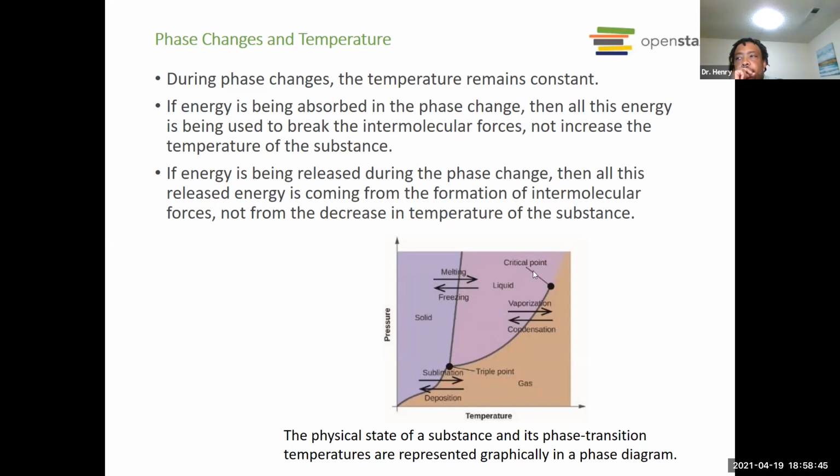Your critical point is the point where you lose that very distinct line between gas and liquid. And so you get something that's an intermediate between the two, right? It's less dense than liquid, but it's more dense than gas.